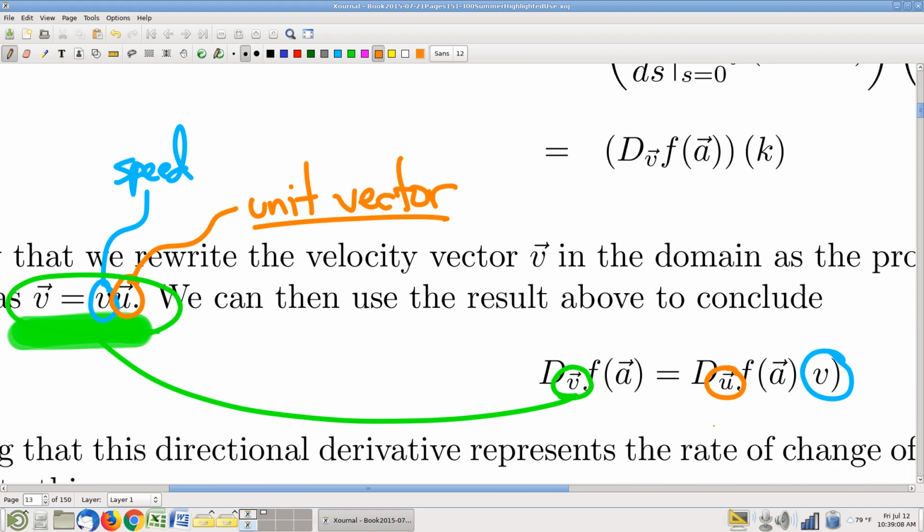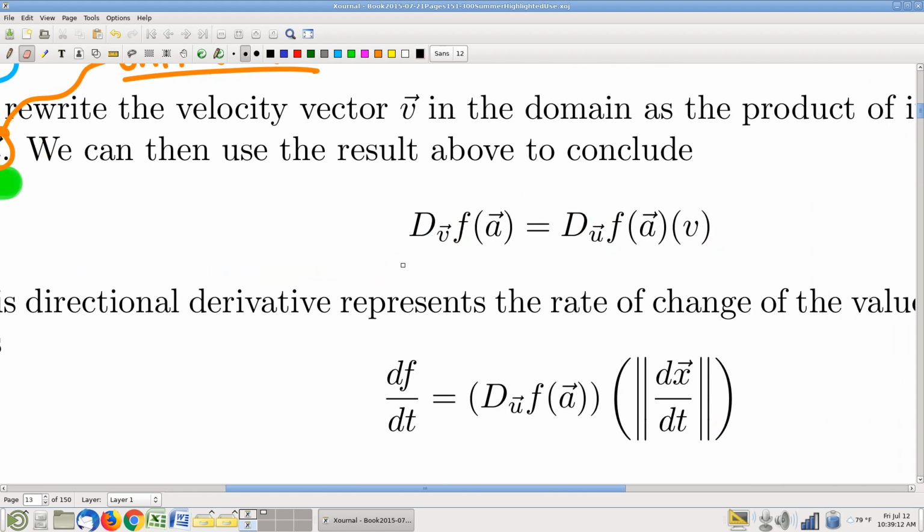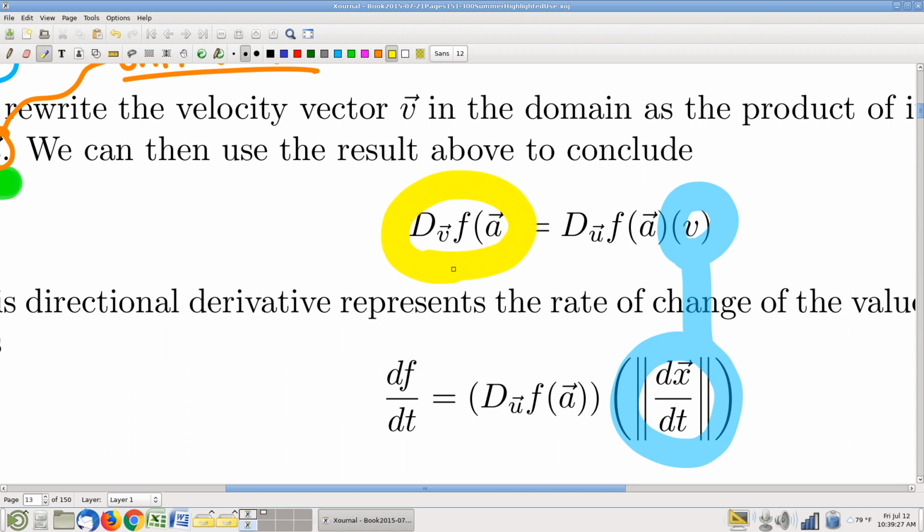And now I can reinterpret this. Just a reminder, speed is the magnitude of the velocity vector. Directional derivatives, as previously discussed in the last section, are the derivative of the output. So this is a neat result.